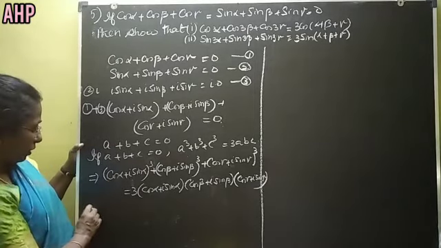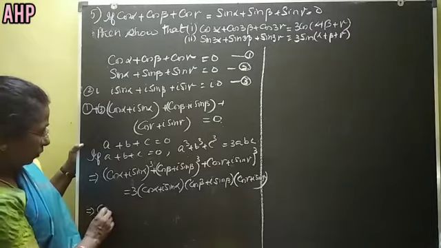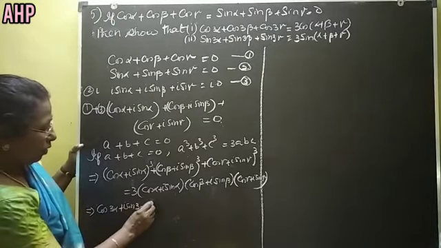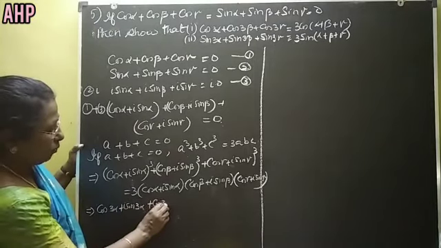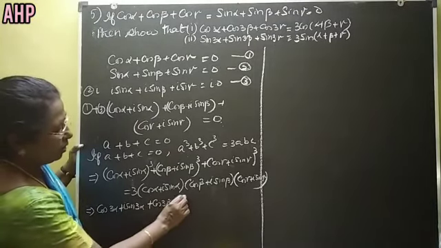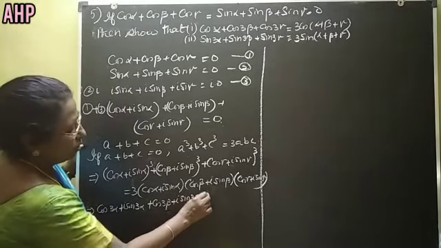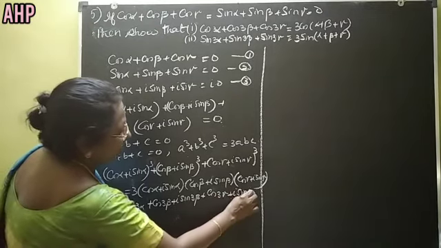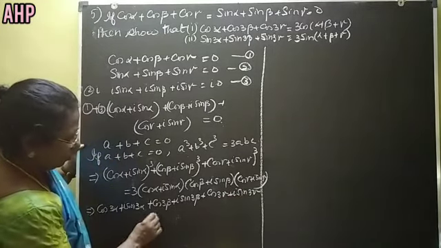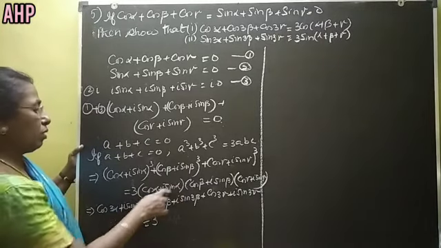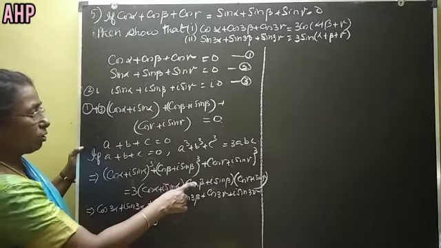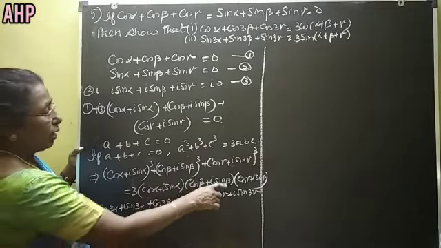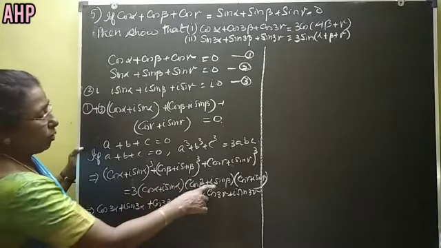So that this gives the next step, cos 3 alpha plus I sin 3 alpha plus cos 3 beta plus I sin 3 beta plus cos 3 gamma plus I sin 3 gamma is equal to 3 into, see, product of the cos alpha plus I sin alpha into cos beta plus I sin beta gives you, we'll add the angle, that is argument will be added.